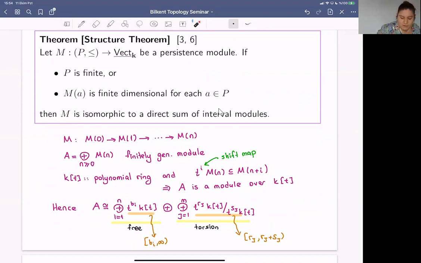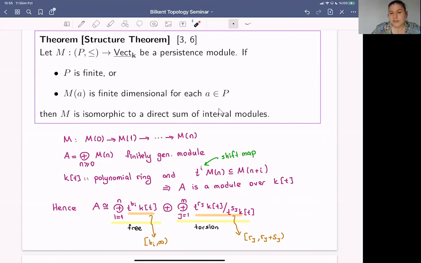If you consider a persistence module over a finite poset, let's say M of 0, M of 1, M of N, and consider the sum of all vector spaces, this is a finitely generated module. When K is a field, the polynomial ring is a PID, a principal ideal domain, and A is a module over the polynomial ring by this given action.